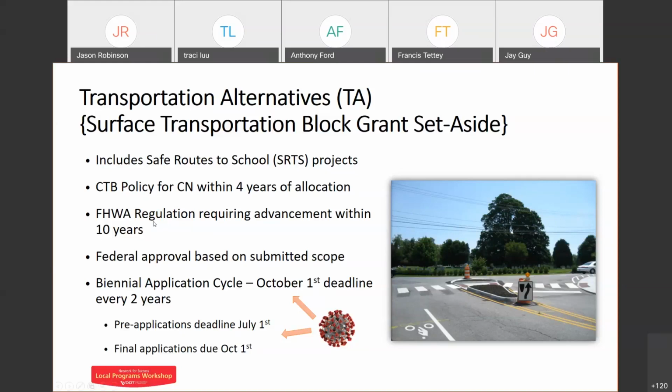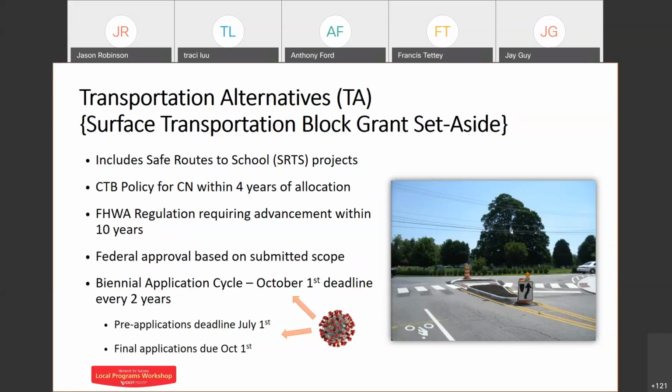One last takeaway on this slide before we move on is the TA program for the last couple of years has been under a biennial application cycle, with the final applications being due in October. I've put what I have, that's my version of the asterisk now, that little COVID symbol, because who knows with COVID and all the changes.